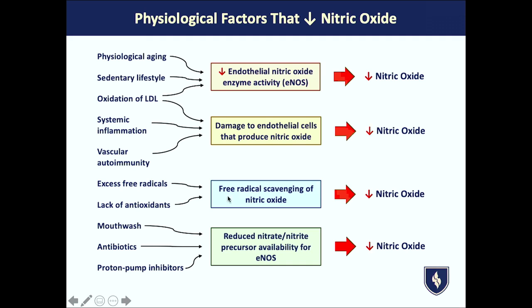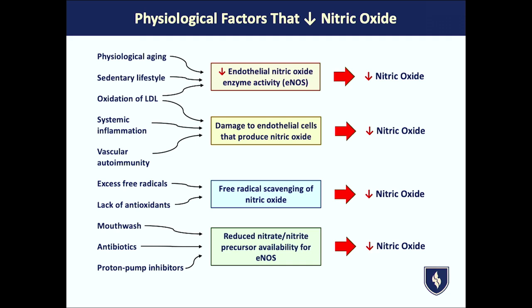And then excess free radicals, lack of antioxidants, they cause free radical scavenging of nitric oxide, and nitric oxide levels go down. So not only do free radicals damage the vascular endothelium, but even if there was some release of nitric oxide, free radicals go ahead and basically scavenge and use it up as a free radical.